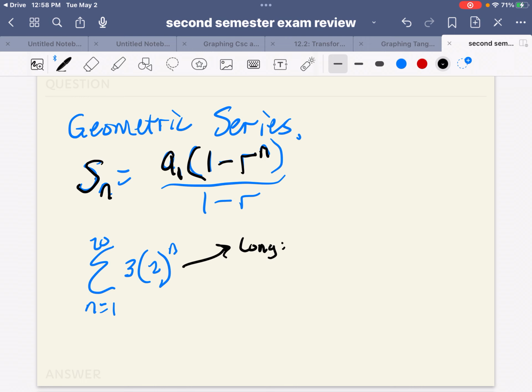Well, the first term would be 3 times 2 to the first, 6, plus the second term would be 12, plus the third term would be 24, plus all the way out to the 20th term. And if I raise 2 to the 20th power and multiply that by 3, the 20th term is 3,145,728.